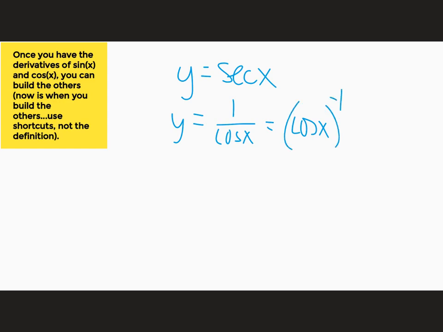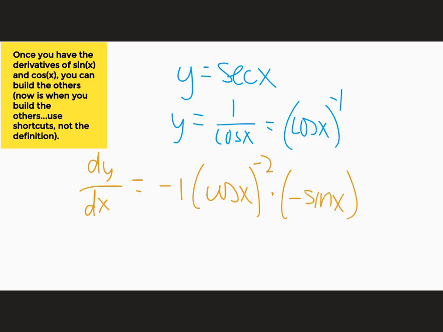So if I take the derivative of y now, so dy dx, that's to the negative 1, so it's negative 1 cosine x to the negative 2 times the derivative of the inside, which is negative sine, because the derivative of cosine is the negative sine. So that's telling us that dy dx is going to be, the negatives will cancel, sine x over cosine squared.